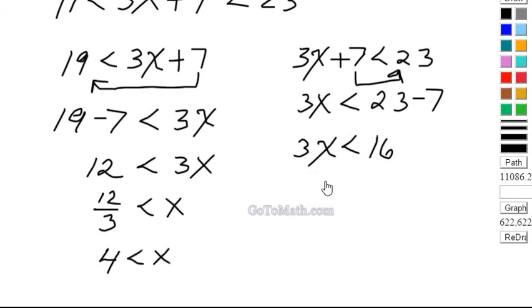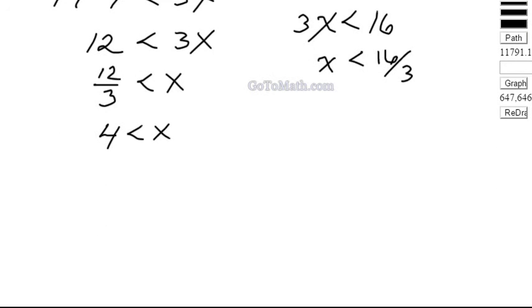I think that's it. And then take the 3 diagonally down. 16 over 3. Okay. So we'd write this as x is greater than 4 and less than 16 over 3.